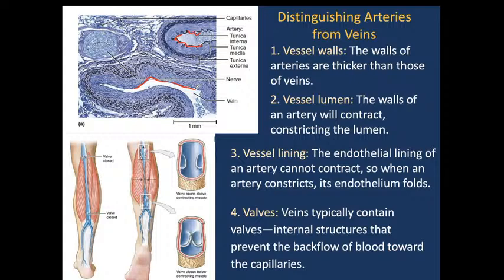And the fourth difference is valves. Only veins typically have valves. These internal structures inside of veins are usually located in the veins of the lower extremities.